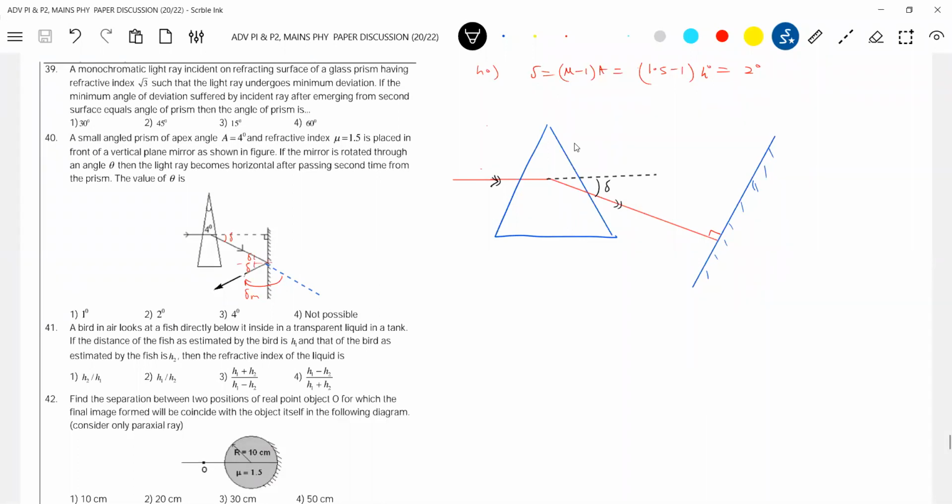Question number 40: I should rotate it by how much? If the mirror rotates by an angle, then the reflected ray rotates by twice that. The reflected ray should rotate by 4 degrees, so the mirror I should rotate by 2 degrees. Is it like this?